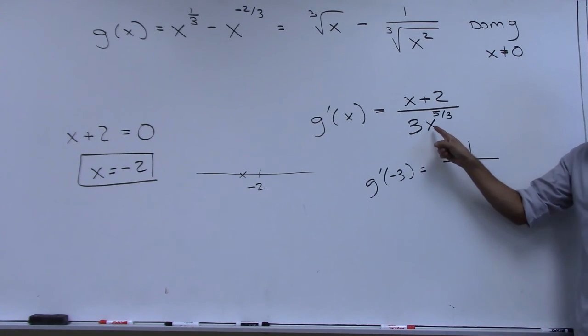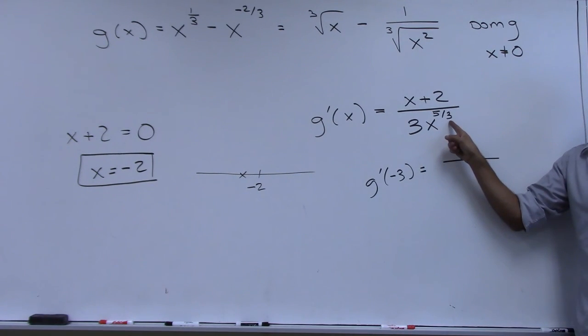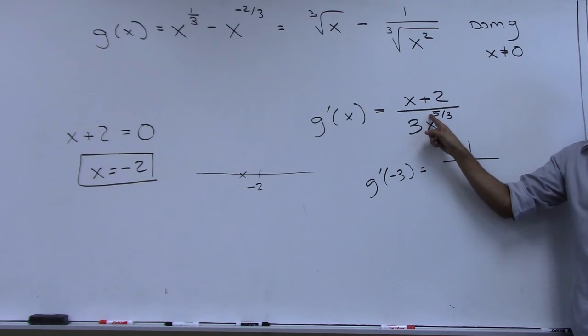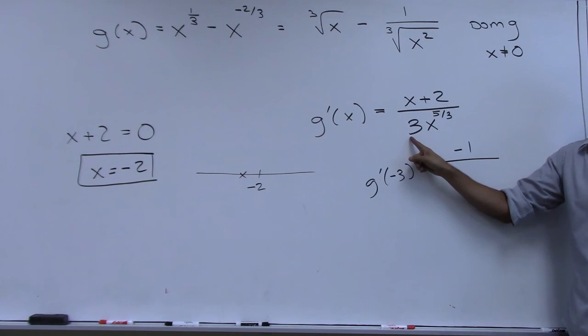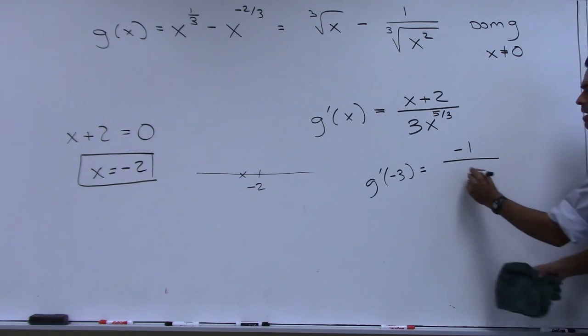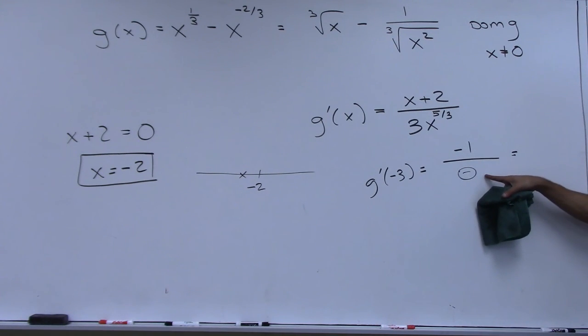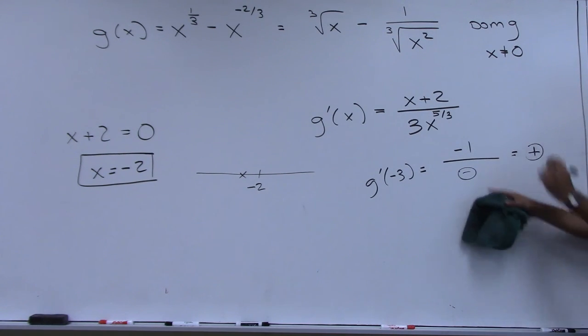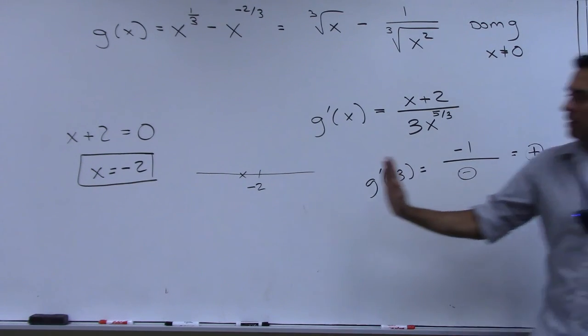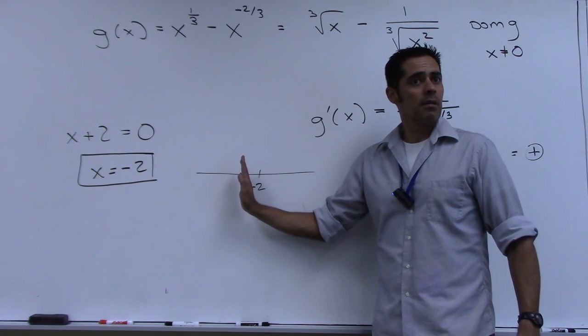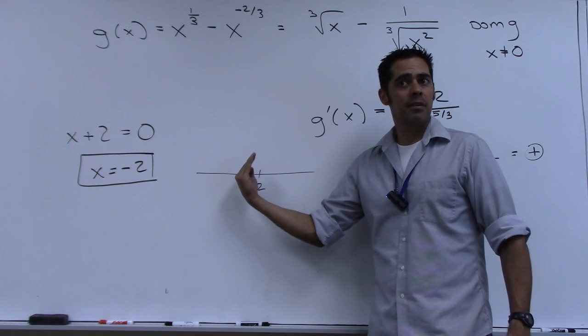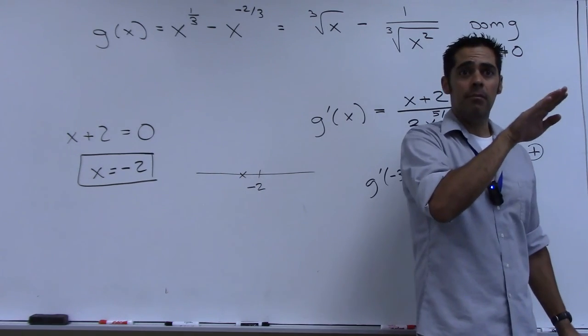The cube root of a negative number would be negative. To the 5th power, still negative. Times 3, still negative. So the bottom is a negative number. So the ratio of a negative divided by a negative would be positive. So I know that to the left of -2, my derivatives are positive, which means my function is going up.